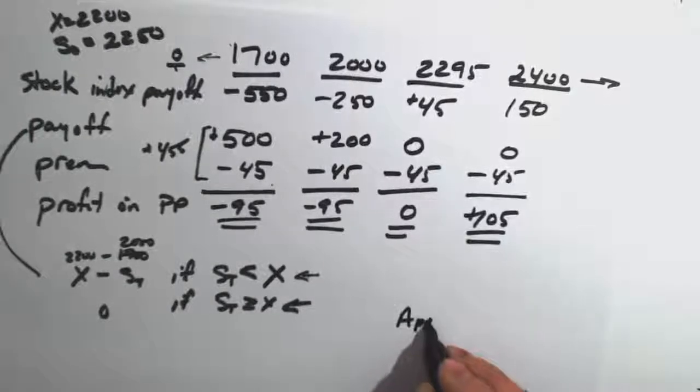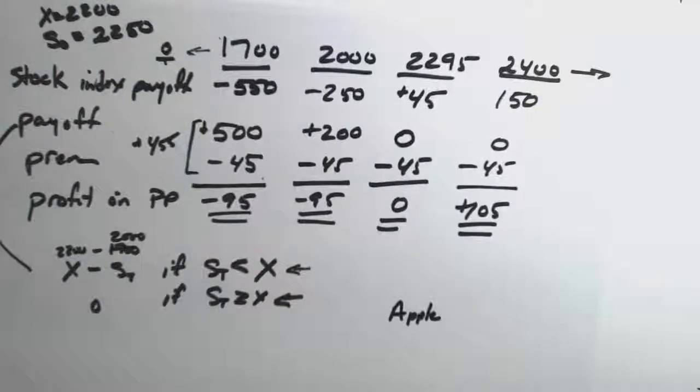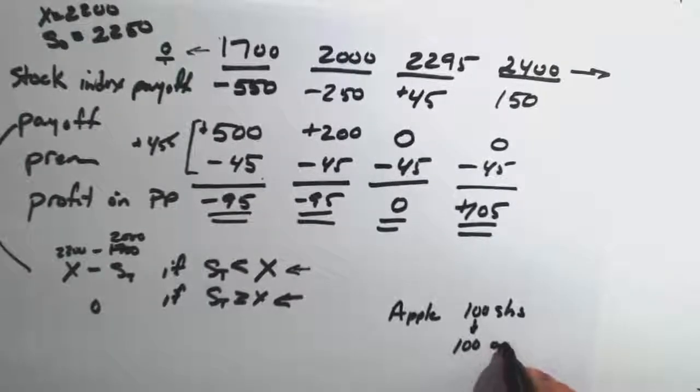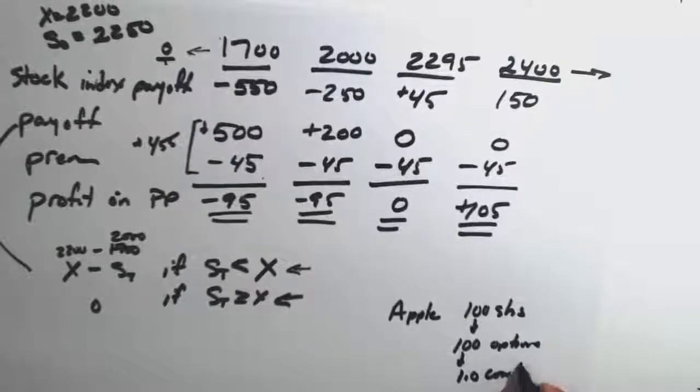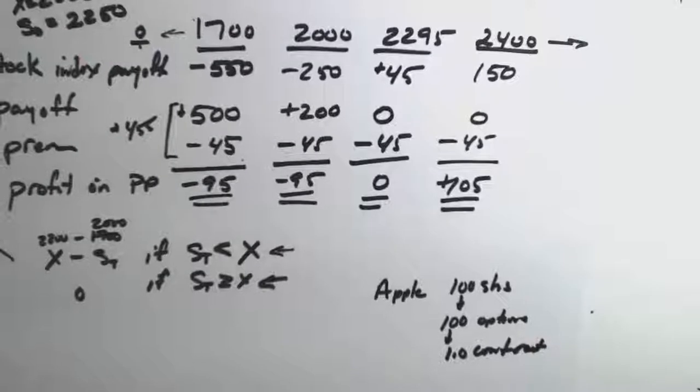If you wanted to put a protective put on Apple stock, and you owned 100 shares, well, you would need 100 options, right? You would need 100 options, which translates into really one contract, because each contract controls 100 shares.